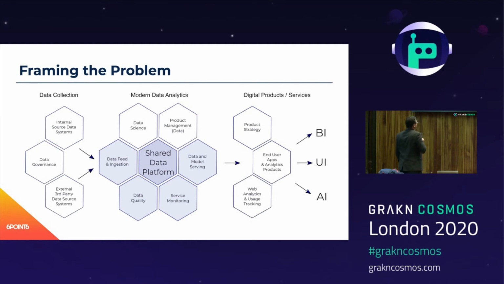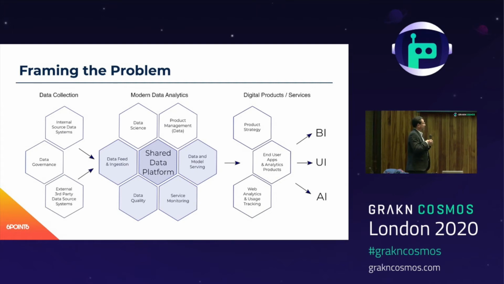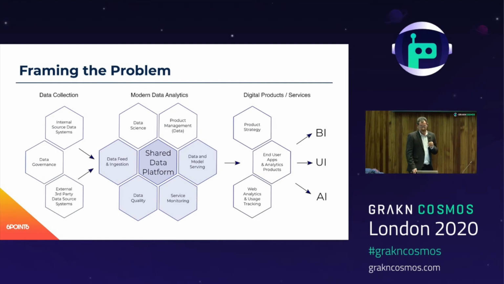On the right-hand side, obviously, there's a lot going on around professional services and digital services and products. Typically there, what I see is a vast estate organized by squads working in agile methodologies. These individual small squads are building a huge range of products and services that do things like BI, UI, and AI.